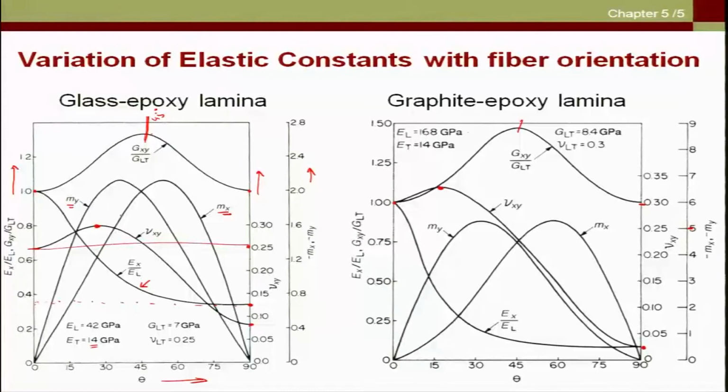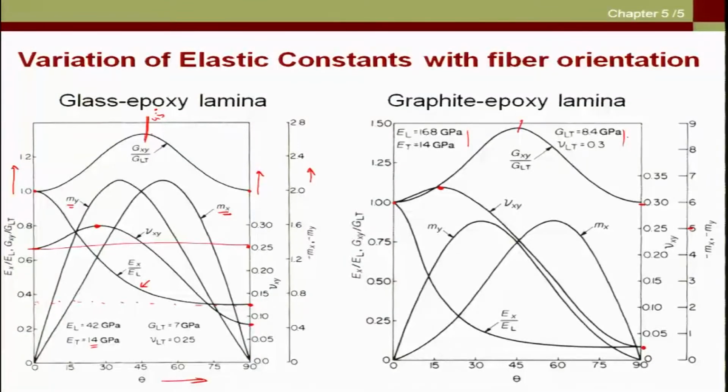Okay. Now this is again dependent on actual material properties. For different glass epoxy lamina, these values may vary, but the point is that the maxima of nu xy need not be at 0 or 90.